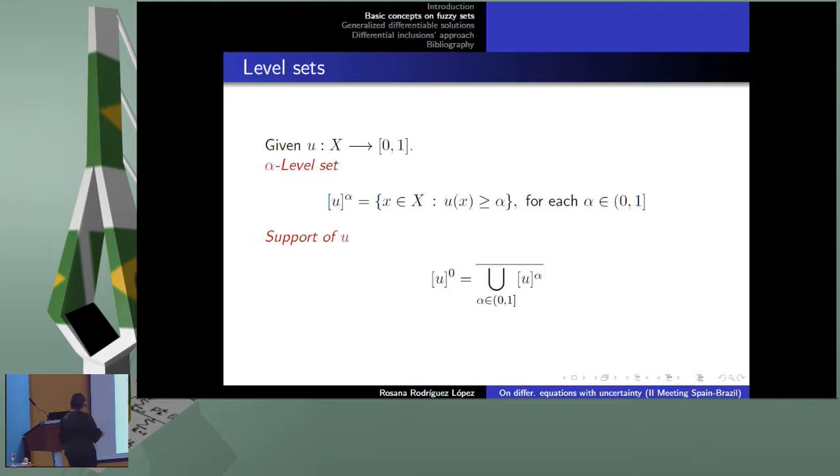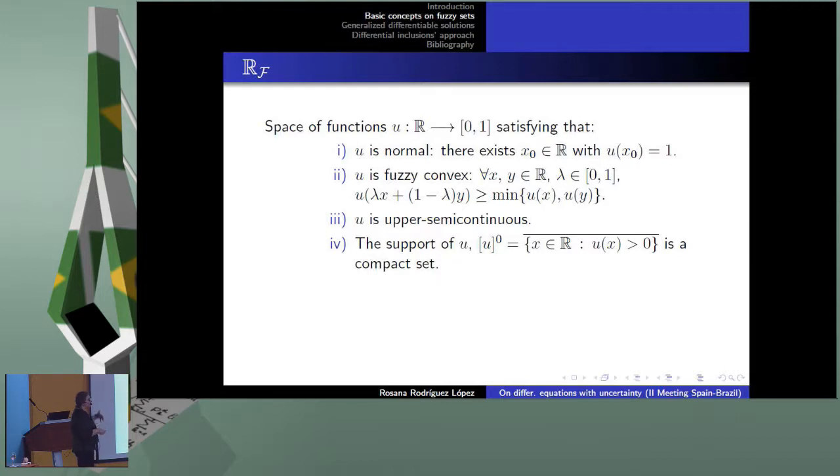Taking as the alpha level set the elements of the domain with values greater than or equal to alpha, and calling the support the closure of the union of these level sets with alpha positive, that is the closure of the elements where the function is strictly positive, we need to make a restriction about the hypothesis on this function u. We have to add some properties in order to be able to work with the endpoints of these alpha level sets.